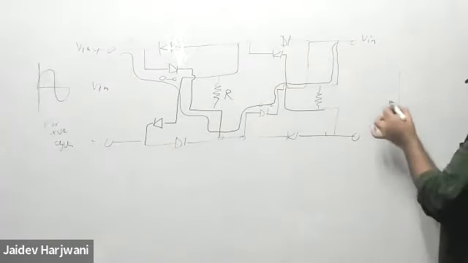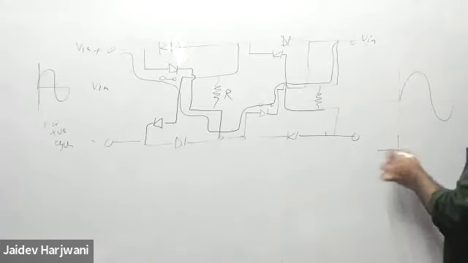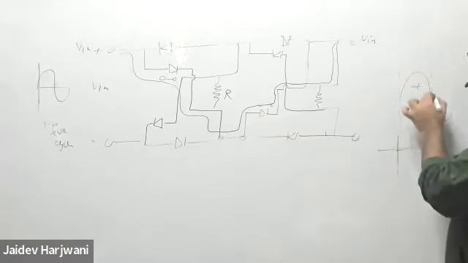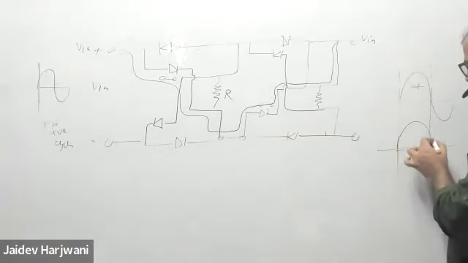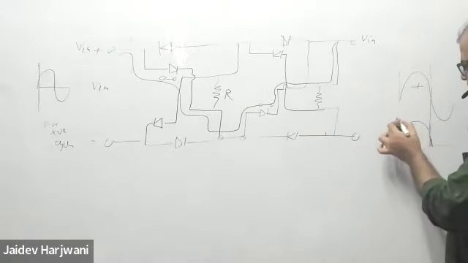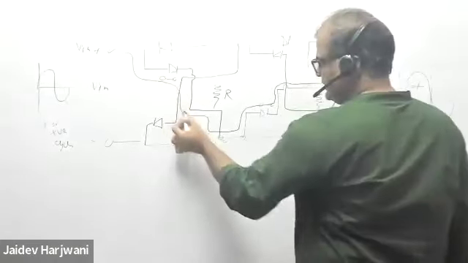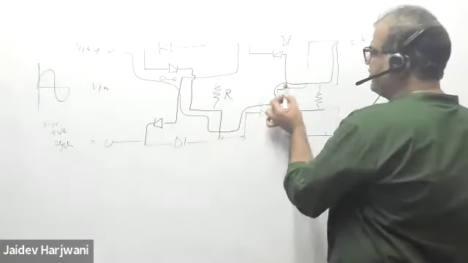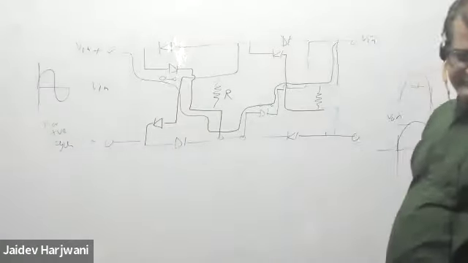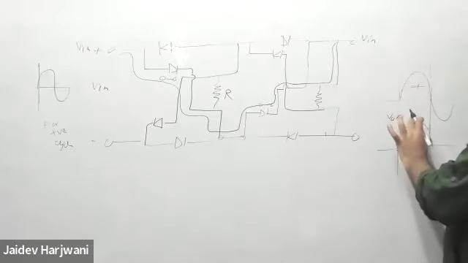That means for the positive cycle, my output will follow exactly my input, because the current will flow like this without any drop. This voltage and this voltage are the same, so V output will be exactly like V input.